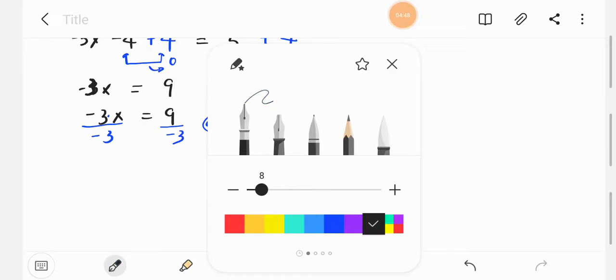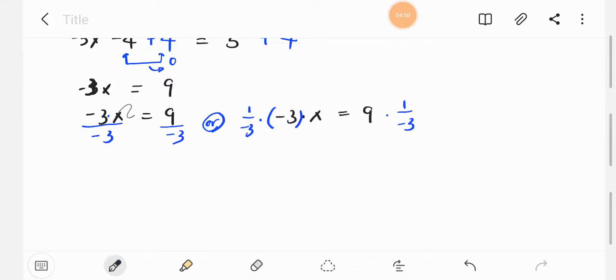Then the left hand side contains only x because negative 3 and negative 3 cancel out. The right side is 9 divided by 3, which is 3, with the negative sign. So negative 3 is the solution.